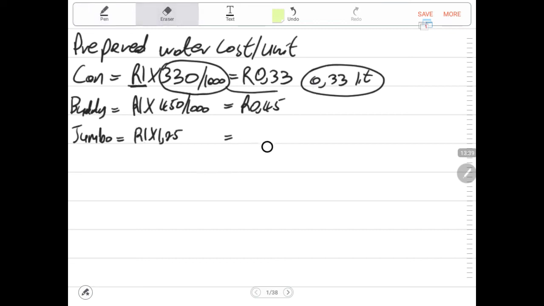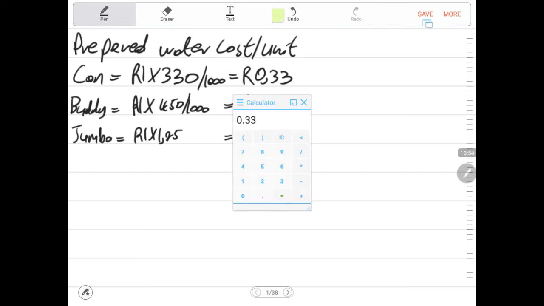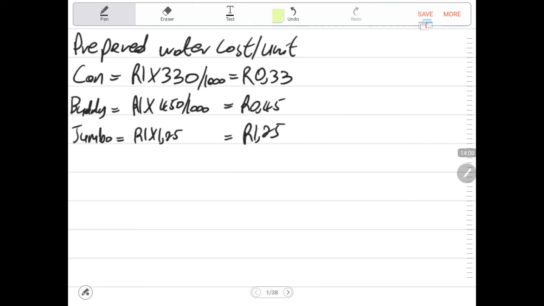But the last product is 1.25 liters, so it is already in liters. There is no need for us to be dividing. So that will be R1.25 per unit. Then 1 times 1.25 will give us 1.25.